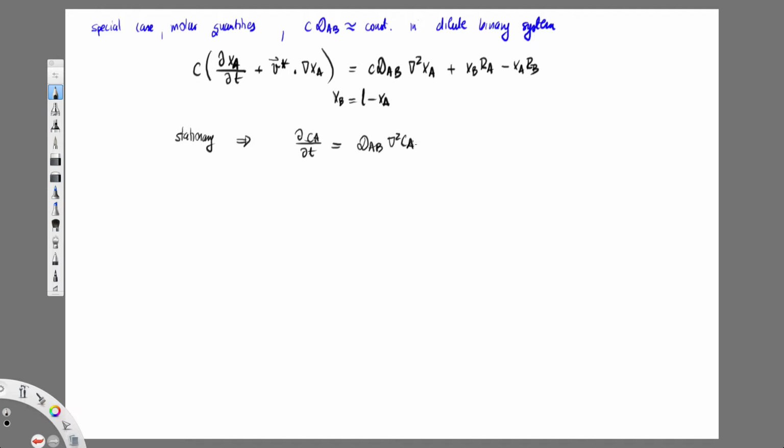So again, that's again Fick's second law. Okay, you're done with formulas. Let's apply them. Our first example is diffusion.